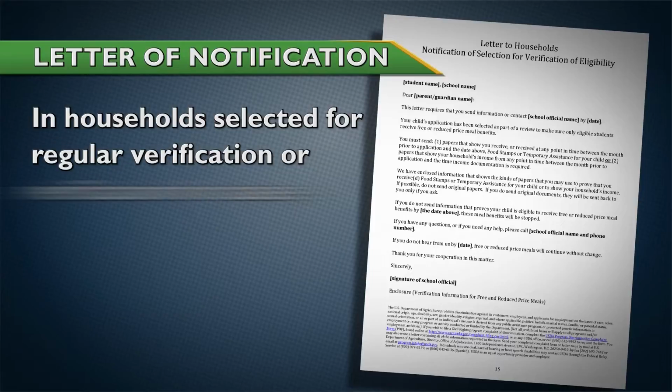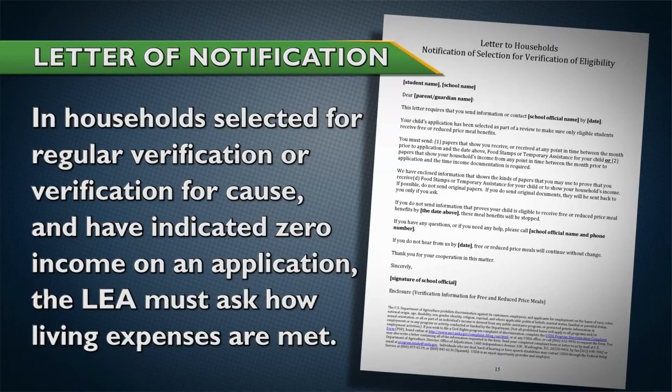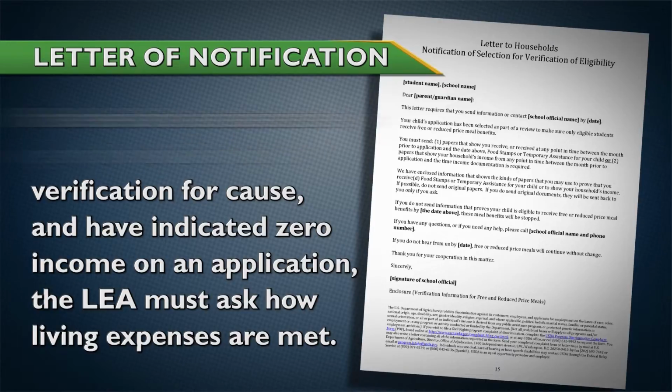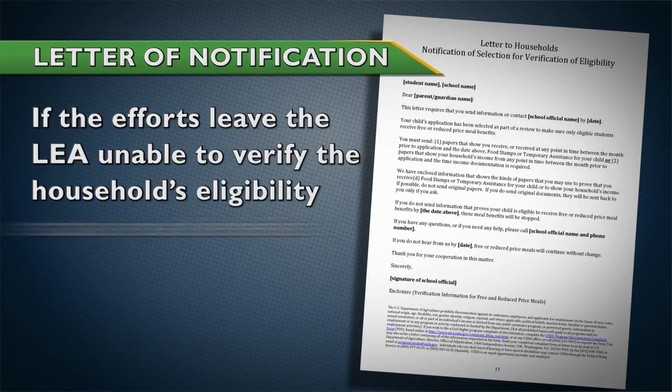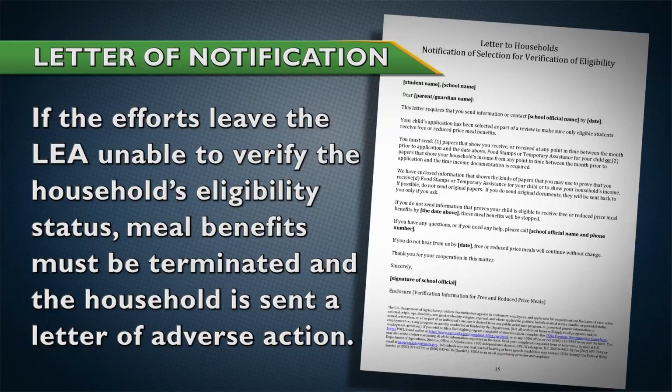If a household is selected for regular verification or verification for cause, and the application indicates zero income, the LEA must request the household provide explanation of how living expenses are met. Additional written documentation may be requested. If these efforts leave the LEA unable to verify the household's eligibility status, the meal benefits must be terminated and the household is sent a written notice of adverse action.